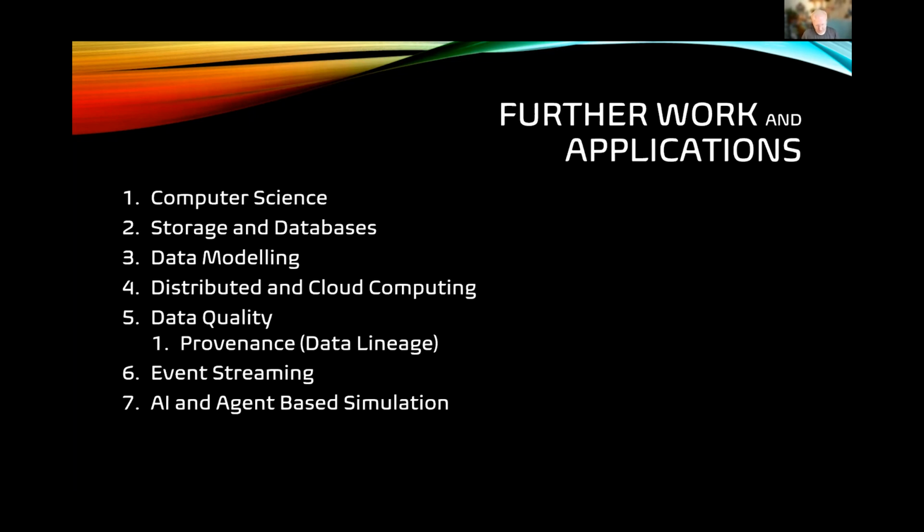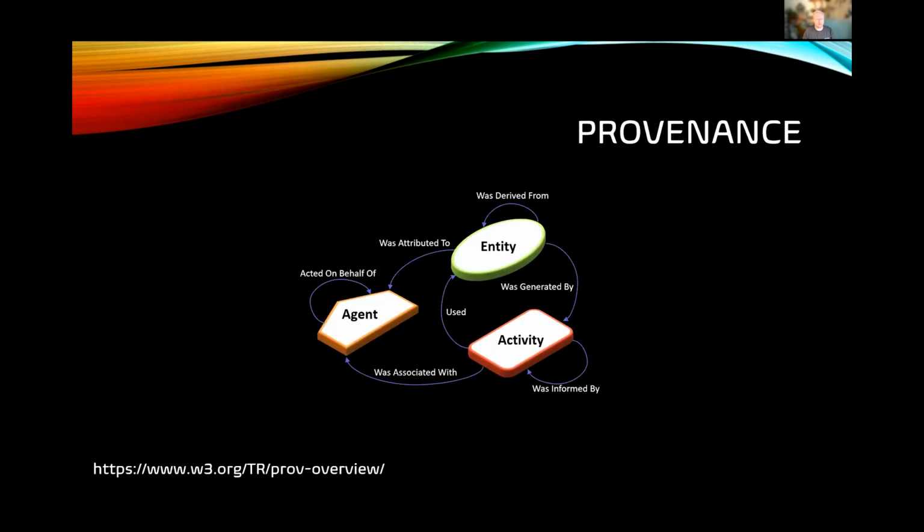So just being able to arbitrate or implement agent-based systems. As an example with the provenance, there is a W3 standard around the concepts that are important for provenance, which is to track how information has changed, why it's changed, and who's changed it. This is very well established, and from my perspective, practically, it's very well thought through. They've captured the really important and also difficult aspects of tracking provenance and standardized the terminology.